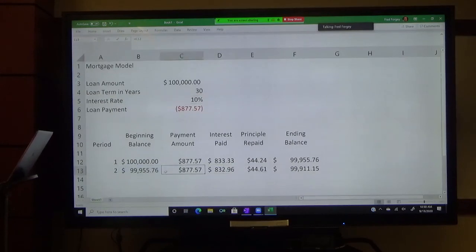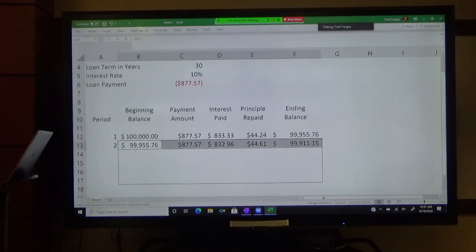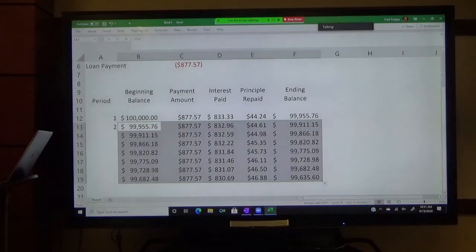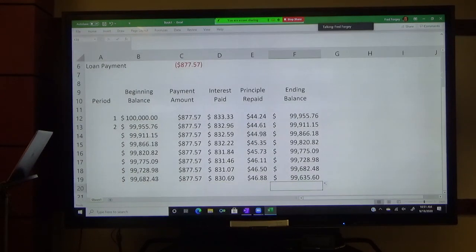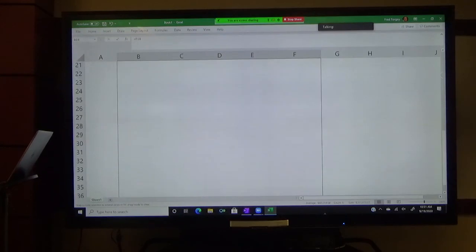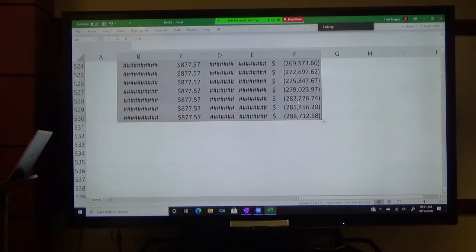Now, based upon what we've done here, once we've got this second row populated, by making that change, we should be able to copy down and keep copying down all the way to the end. All right, now let's go up.